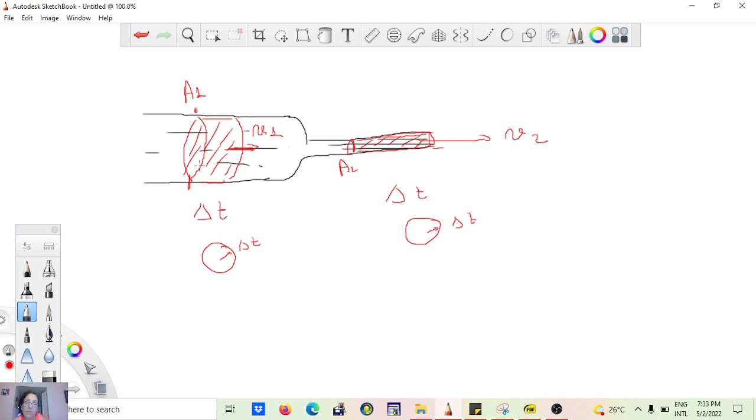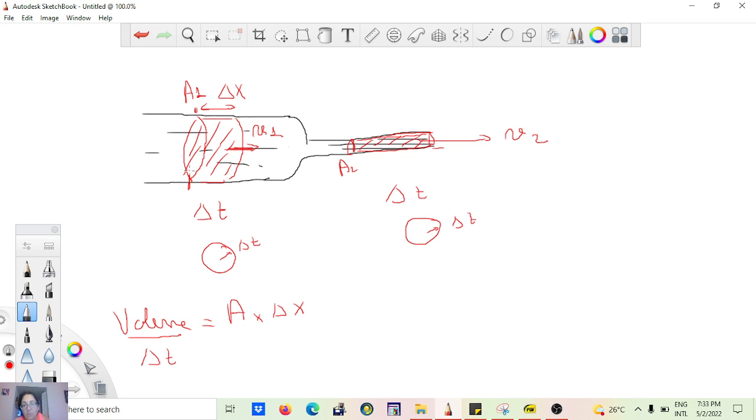So that volume of fluid, remember, volume is going to be the area times that height here, which I'm going to call delta x. So the volume rate is going to be the volume divided by the time.